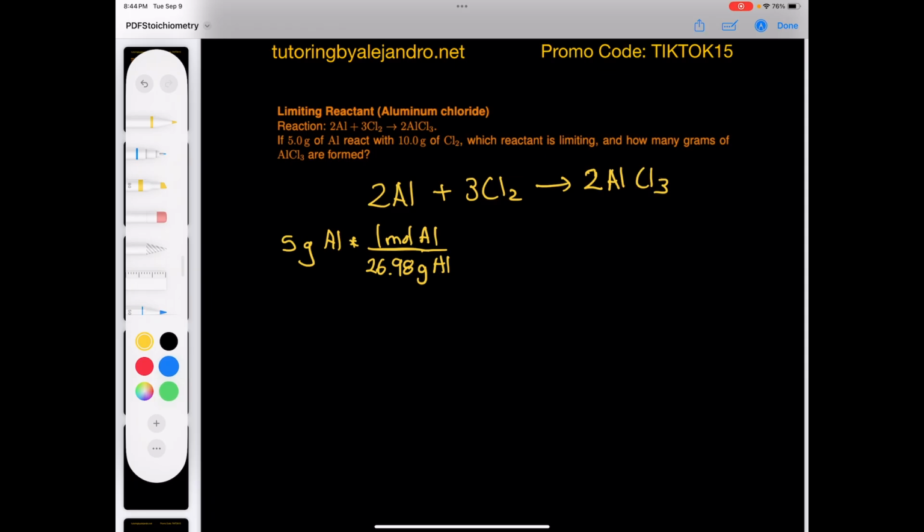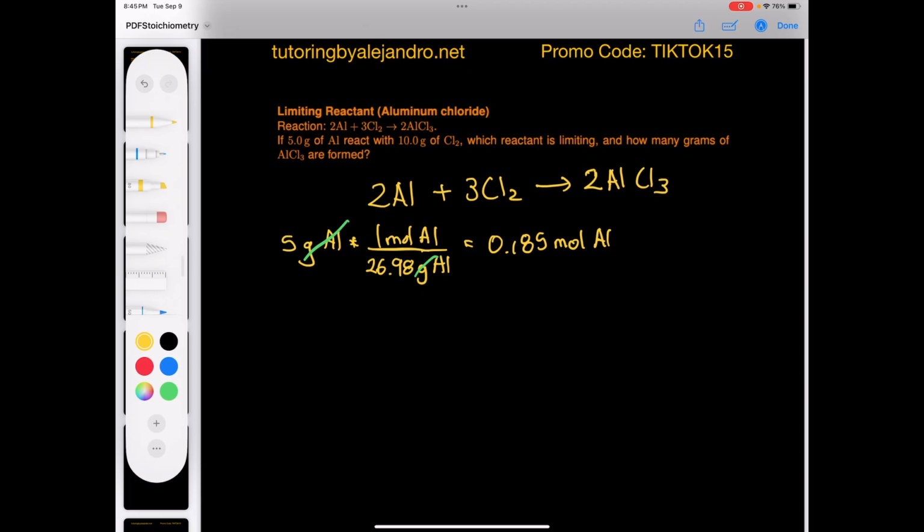Those grams will cancel out, and we will be left with 5 divided by 26.98 gives me 0.185 moles of aluminum.